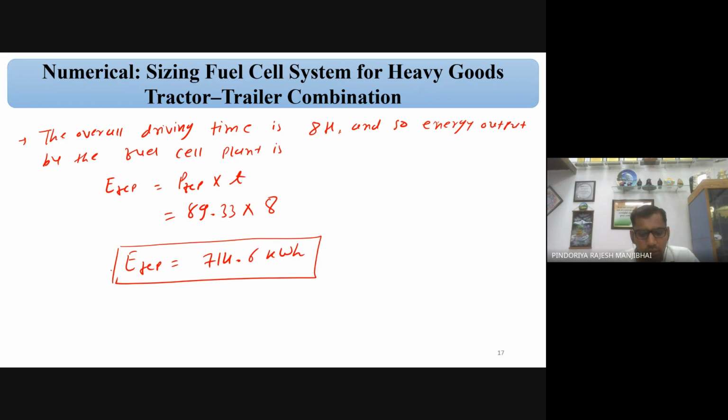So overall, this is a driving efficiency. Overall driving time is 8 hours. So that time energy output of the fuel cell plant, that is your 714.6 kilowatt hour. Okay.